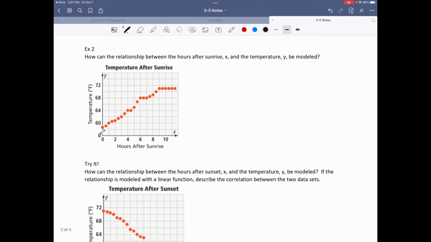Example 2. How can the relationship between the hours after sunrise, X, and the temperature, Y, be modeled? Well, you can sketch a line.